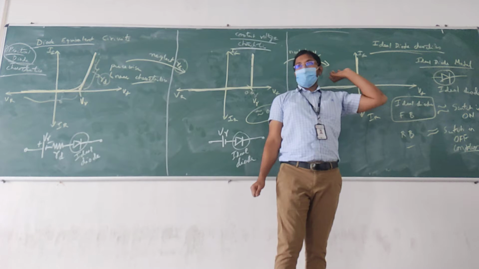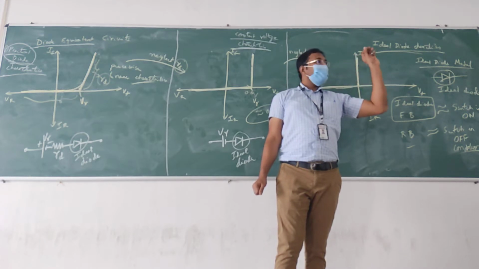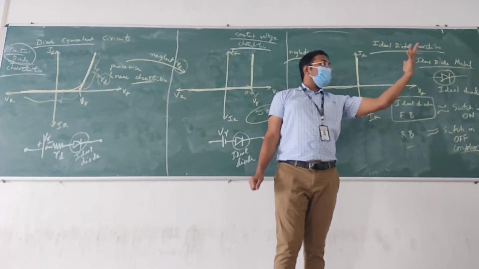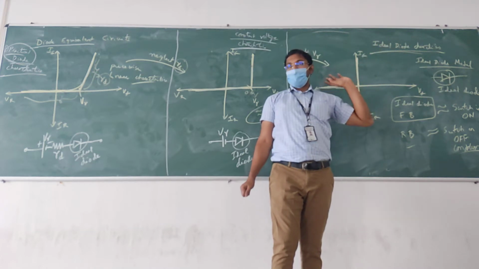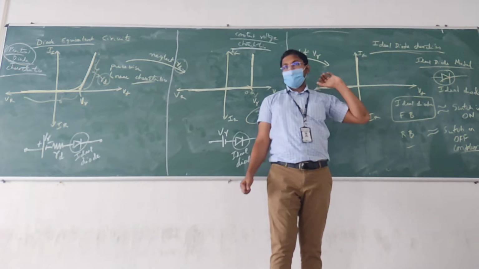Suppose you have a fan. When you switch on, the entire supply is going to the fan. 230 volts is directly going to the fan.